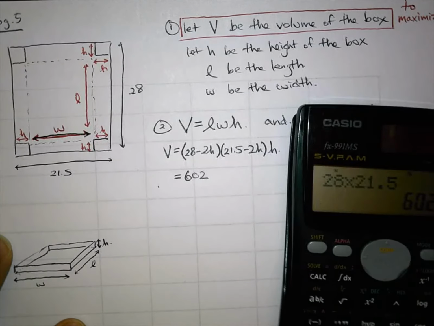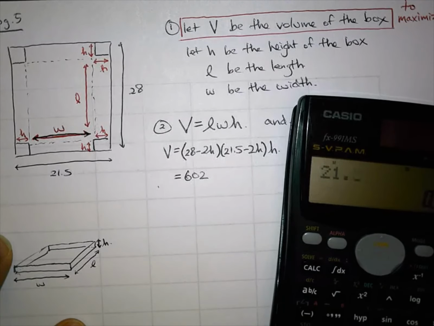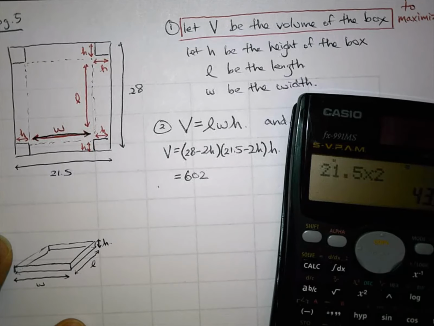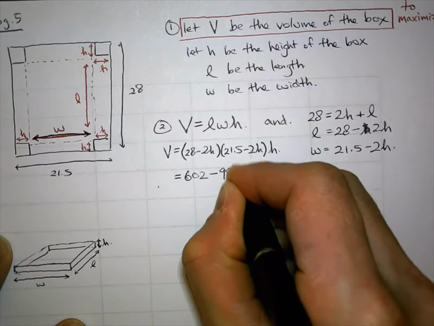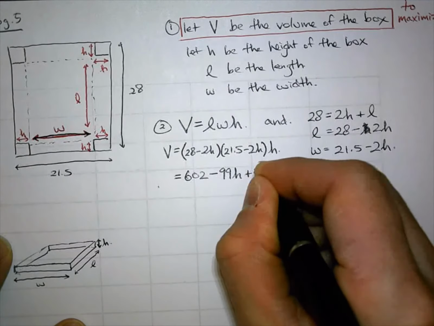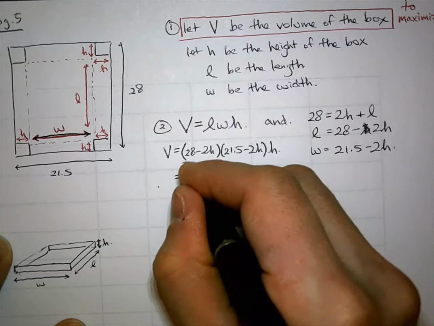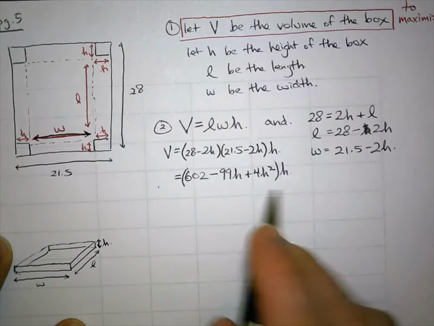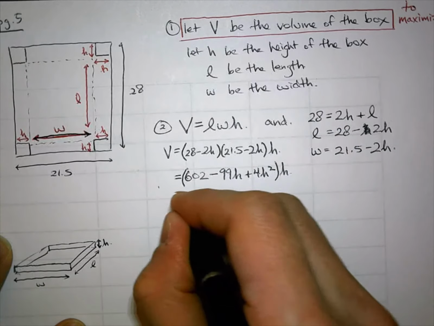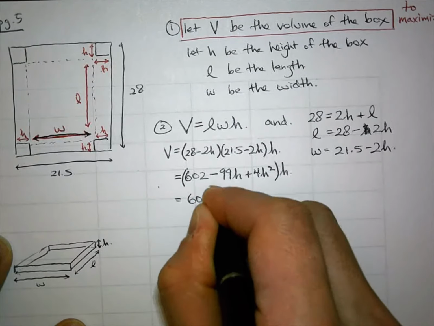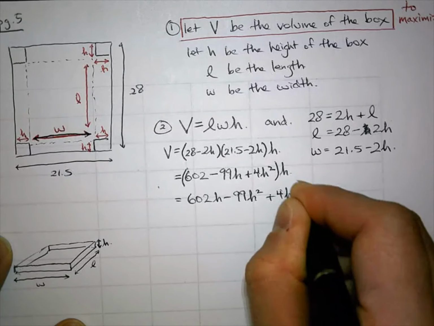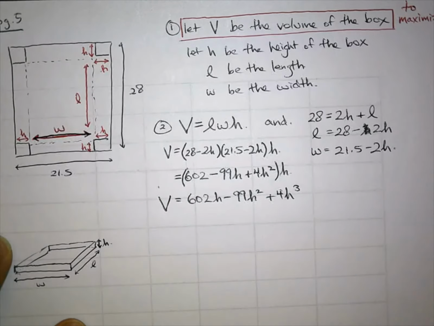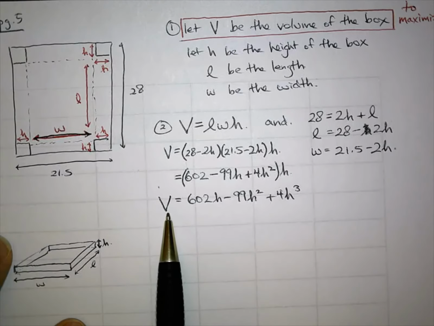Then I have 21.5 times 2 plus 28 times 2, so I get 99, so they're both minus, so minus 99h, plus 4h squared, and that was all times h, so I just expanded. And then I end up with 602h minus 99h squared plus 4h cubed. And that is the hardest part of the question, because now I have a function V in terms of h.